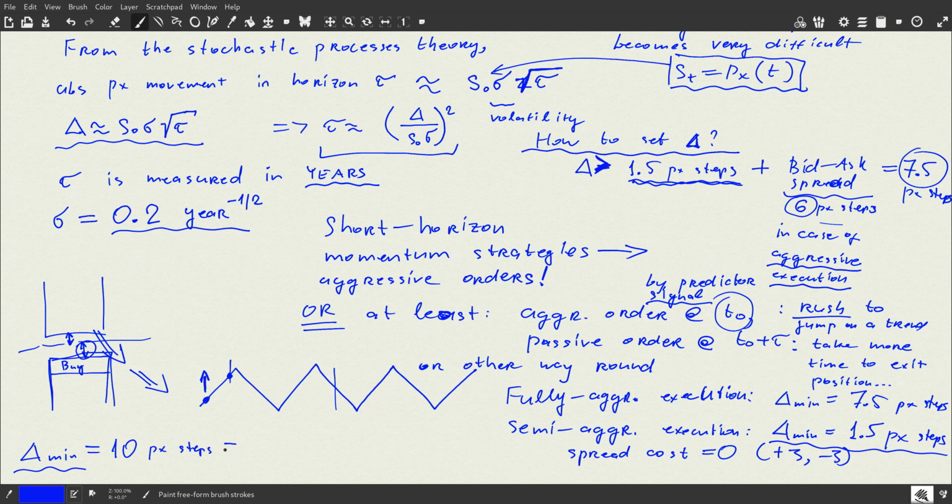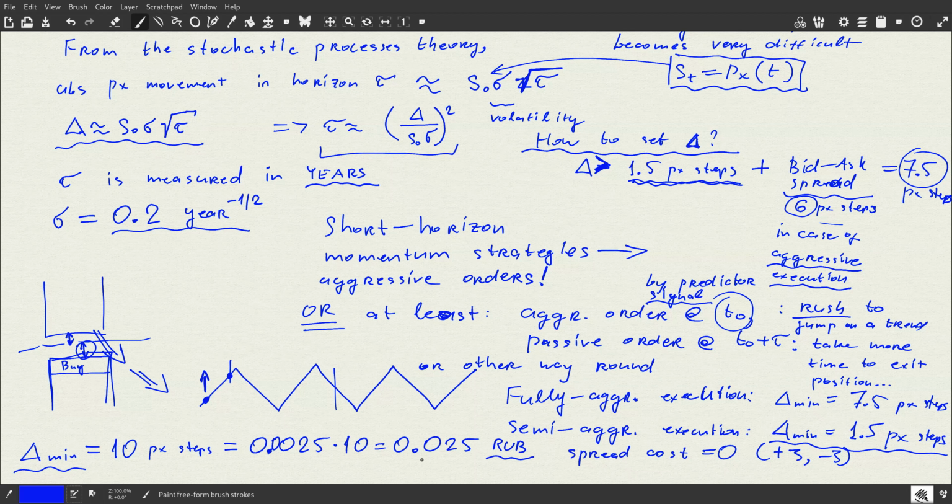It's not that much. One price step is 0.0025, because it is a quarter of a kopeck, times 10, and therefore it is just 0.025 ruble. That's 10 price steps. All right.